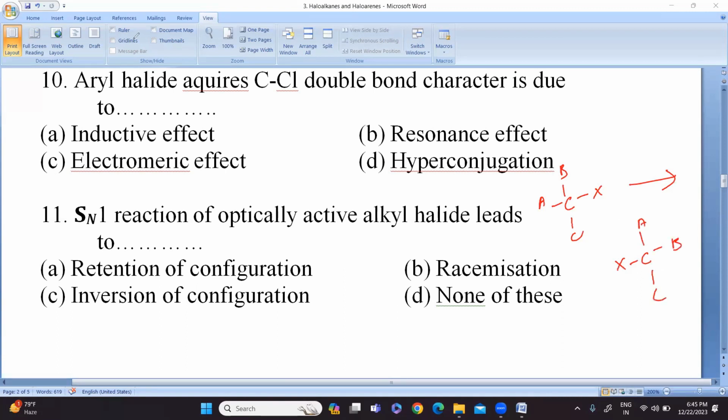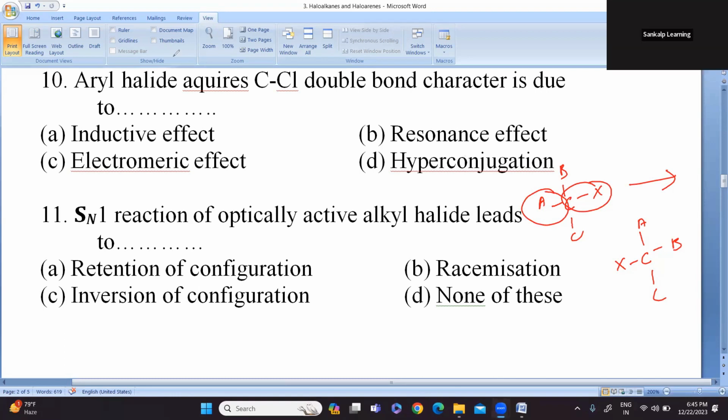Okay, so this is called inversion. So what is happening here? You can see breaking of bond takes place near the stereo center. Okay, there is a change in configuration. You can observe the change in configuration. So this is called inversion.